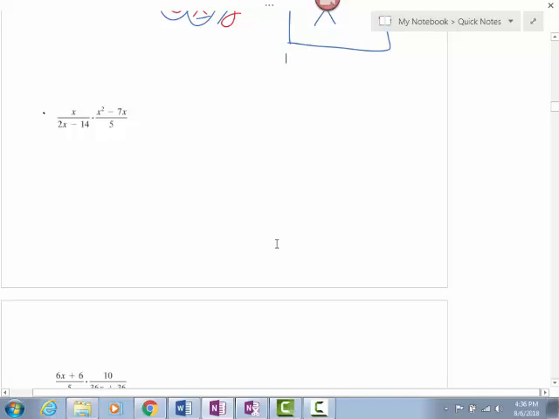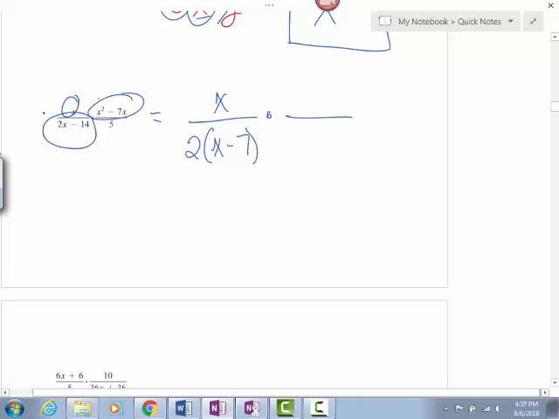So now, let's take a look at this next problem. This one's going to be slightly different because they're binomials here. My first step is I'm going to look at the top. x, I can't do anything with that x, so I'm going to leave it alone. Over here, 2x minus 14, I notice that I can factor out the number 2. So I'll write that as 2, parentheses, x minus 7, times, we'll do the same thing here.